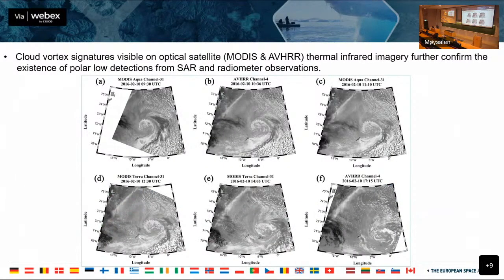The classical way that this has been seen in the past, of course, is through the thermal infrared and visible imageries, where you see the cloud structure and how the structure and the pattern in the clouds are lining up in a clear indication of the spiraling wind direction associated with the polar low.